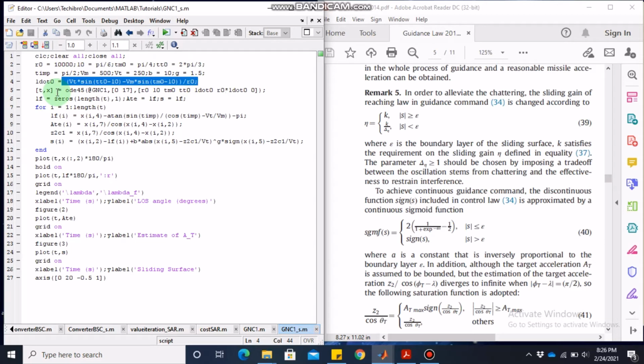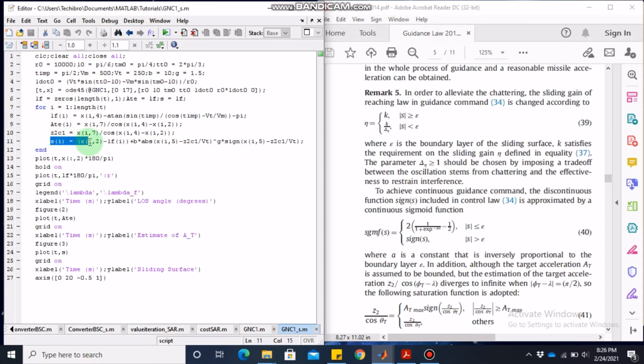And then you can use that to calculate the initial condition of z1 as well, because z1 is r times lambda dot. So the initial condition of z1 will be the initial condition of r times the initial condition of lambda dot. Similarly, once you have all the state trajectories, then you want to compare them with the lambda f, then you also want to plot the sliding surface.